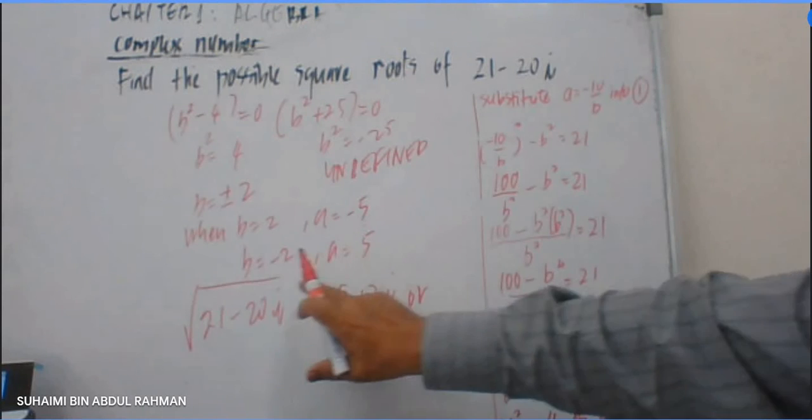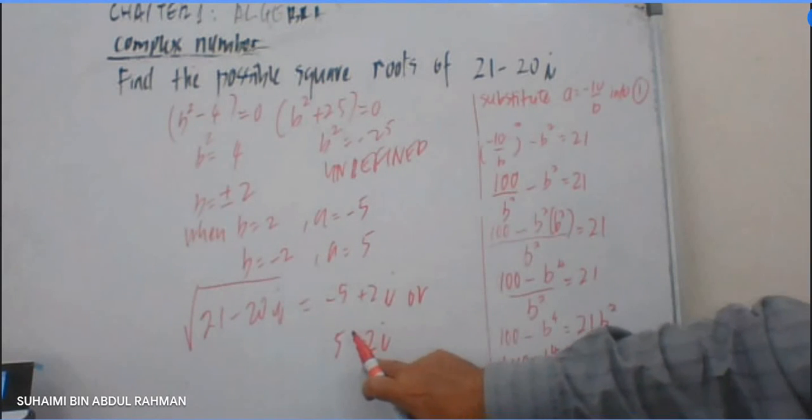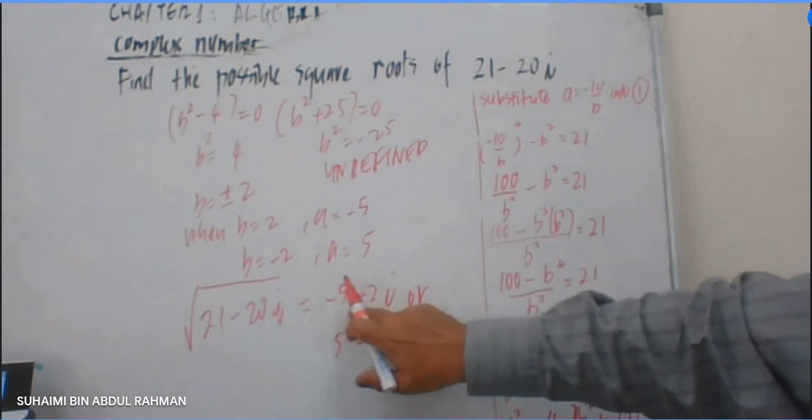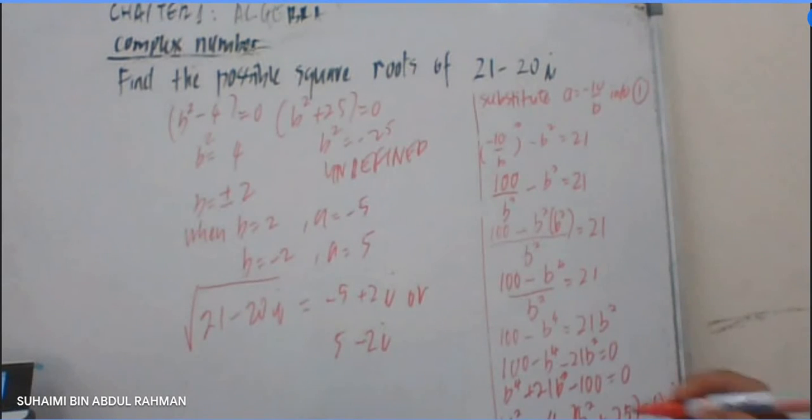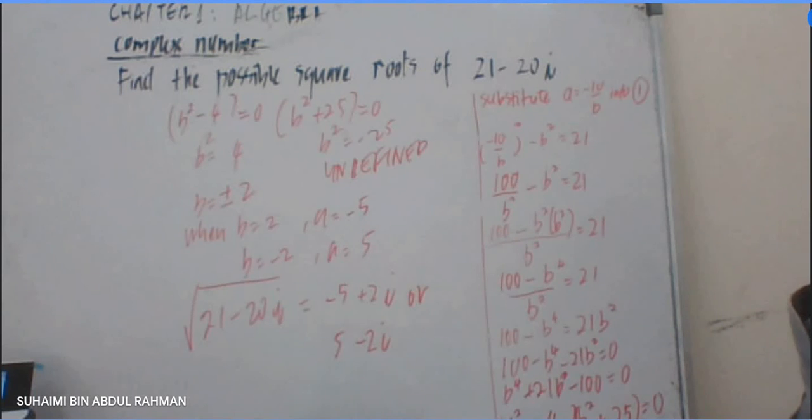When A is minus 5, B is plus 2. When A is 5, B is minus 2. So either of these two will produce 21 minus 20i.